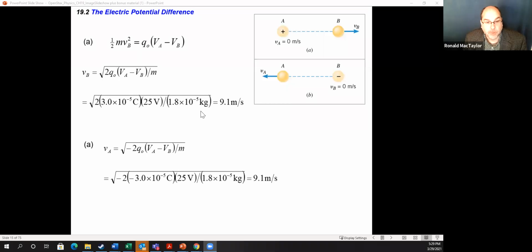So 25 volts times the 3 times 10 to the negative 5th coulombs, that's joules, divided by the mass in kilograms, square root of that, and we get 9.1 meters per second for the velocity of the particle at that point in space.